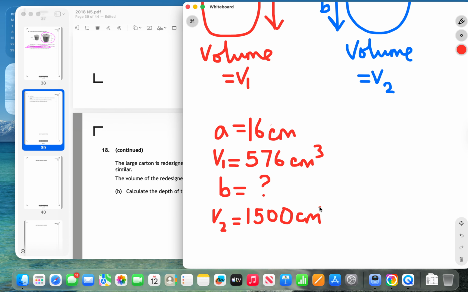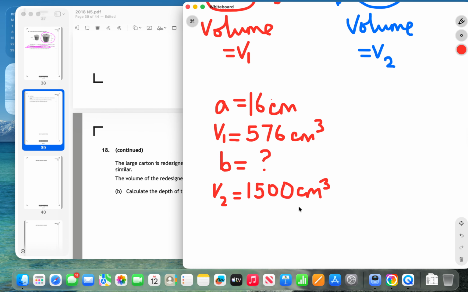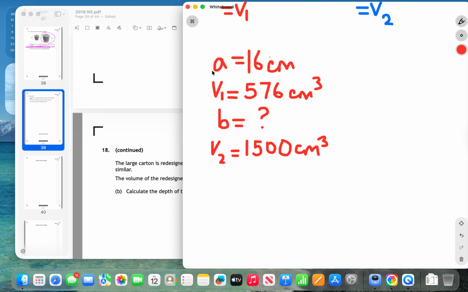Now they're mathematically similar, so we can find the volume scale factor. And there's two ways to do this one. The easiest one that I'm going to do is we're going to find the large volume divided by the small volume.